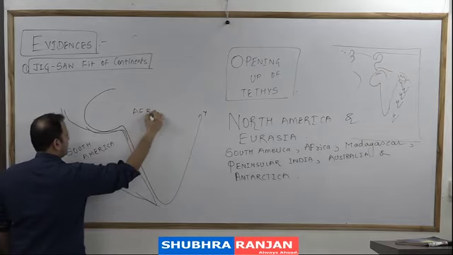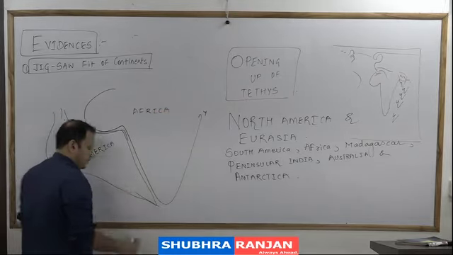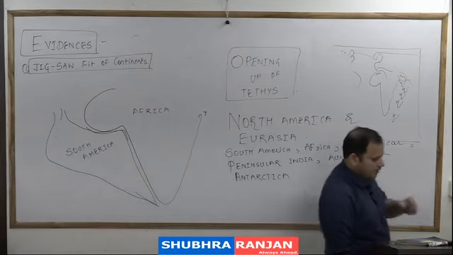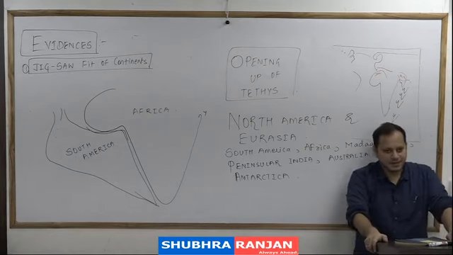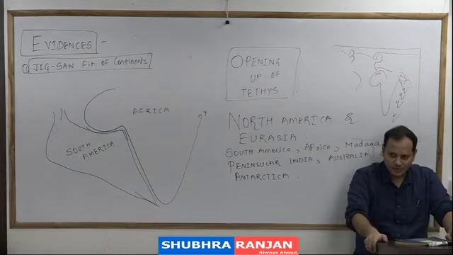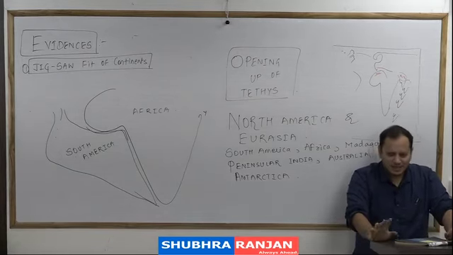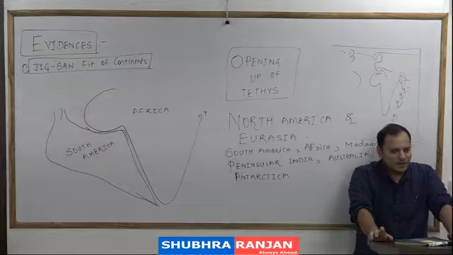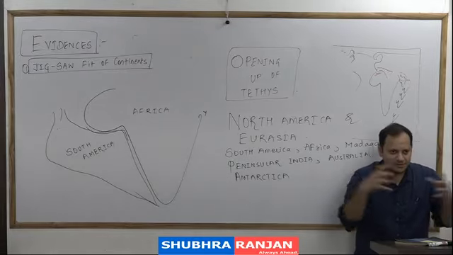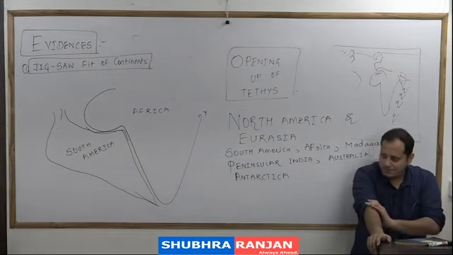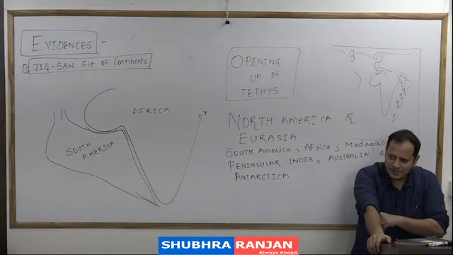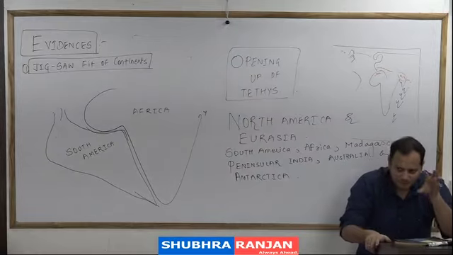This is what is known as a jigsaw fit. Not just Africa and South America, the entire coast of the Atlantic Ocean exactly fits into each other. But we can write even in general studies that this is the jigsaw fit of the continents.